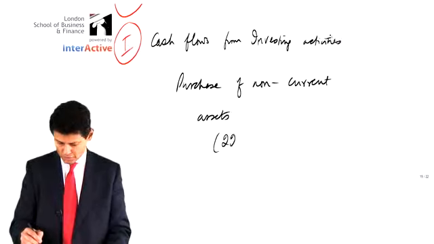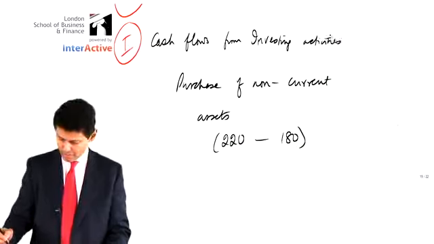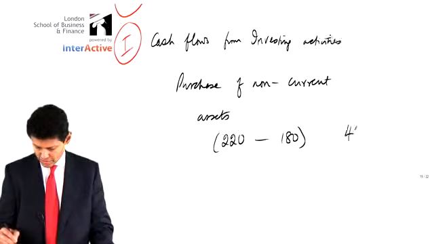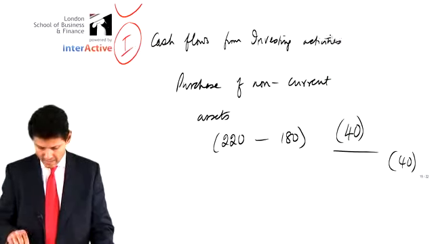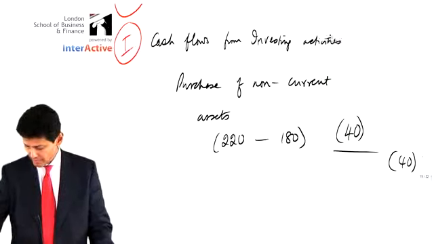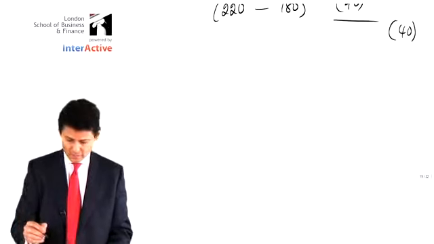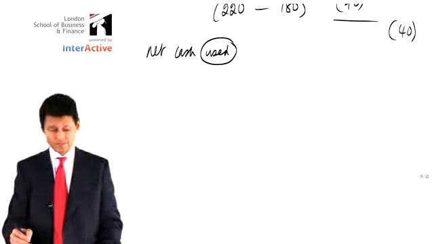assets. 220 at the year end, 180 at the start, must have bought 40. So that 40 I shall show here, perhaps bracketed. And so 40 appears lower down as the subtotal of my cash used in investing activities. So lower down here I'm going to say net cash used. They use the word used where it's negative.